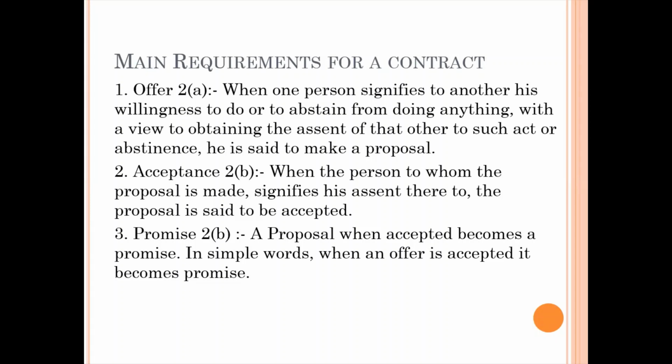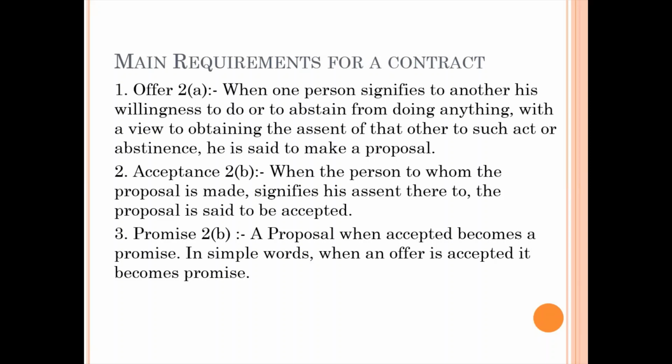The first one is offer, and it comes under section 2A. Everyone knows about this. When one person signifies to another his willingness to do or to abstain from doing anything with a view to obtaining the assent of that other to such act or abstinence, he is said to make a proposal or offer, or one party giving a proposal to another party.